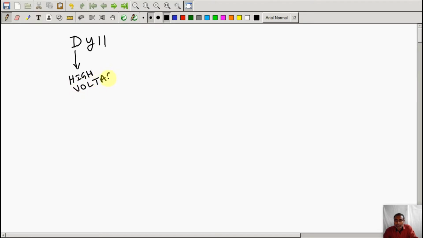We should remember that if it is written in capital letter, here you can see capital D, it belongs to the high voltage side. Likewise we have Y, which is written in small case letter. Since Y is written in small case letter, it belongs to the low voltage side.